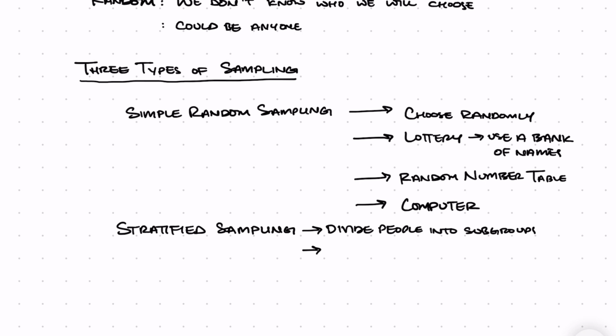Now, these subgroups cannot overlap. In other words, no one should be in 2 subgroups. Everyone should only be in 1 subgroup at a time.